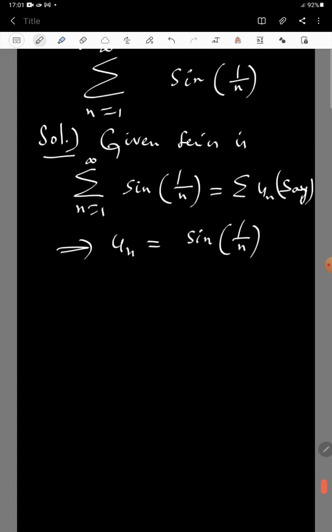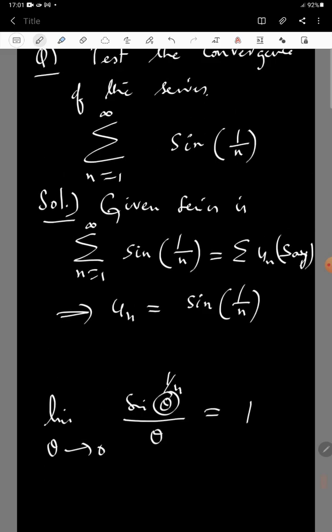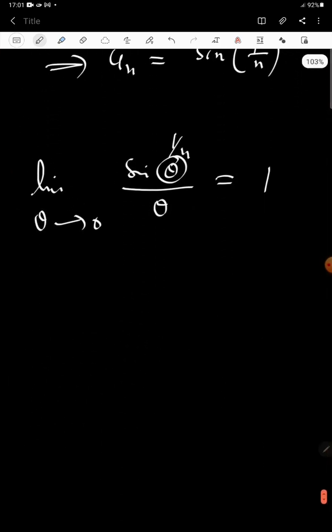But we know from intermediate that limit theta tends to 0, sine of theta by theta, is equal to 1. Now, in the place of theta, we have 1 by n. And as n tends to infinity, 1 by n tends to 0.